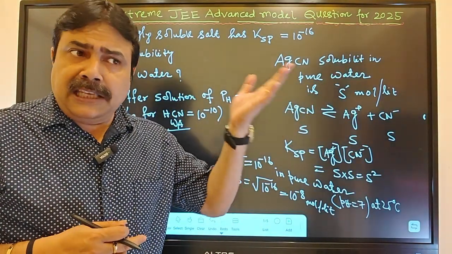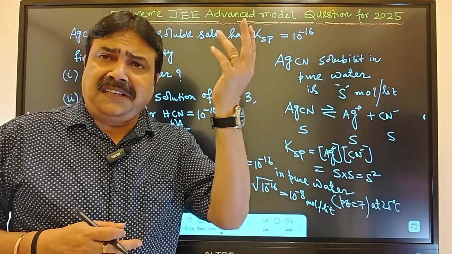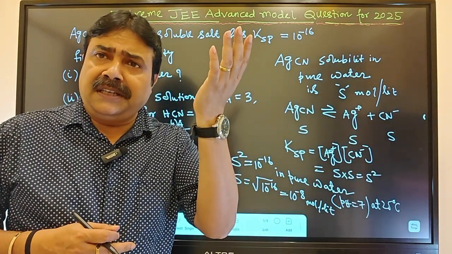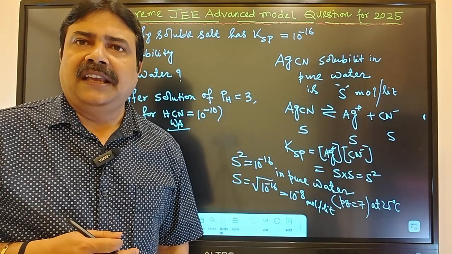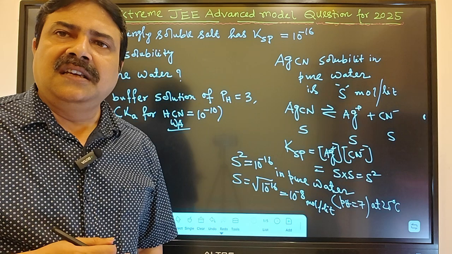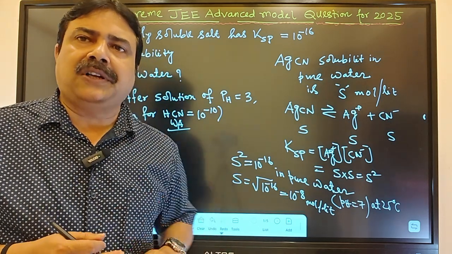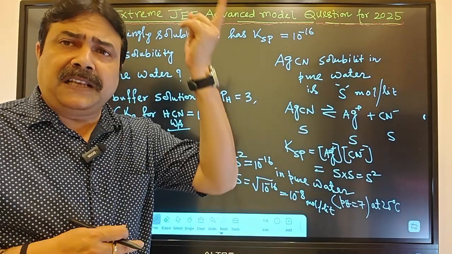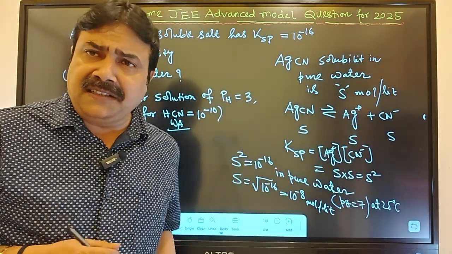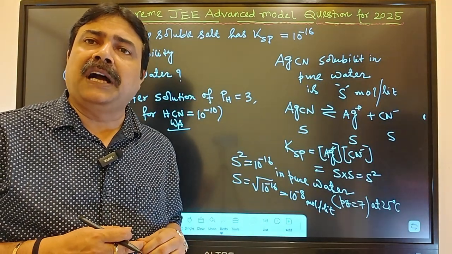If the H plus concentration increases in a solution, then obviously the OH minus concentration has to decrease, because H plus concentration into OH minus concentration will always equal 10 power of minus 14. So if H plus concentration increases, OH minus decreases, so that the overall value should be 10 power of minus 14.